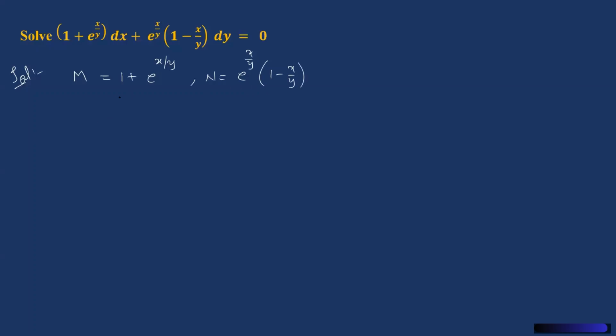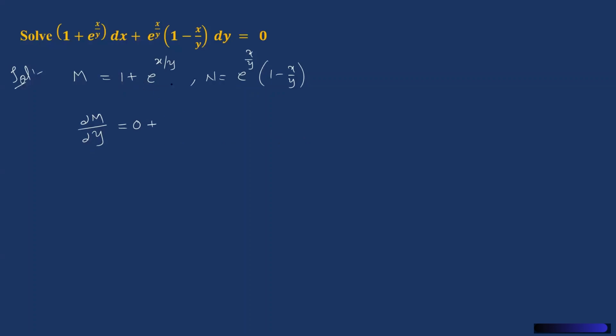Now I'm trying to verify whether it is exact or not. To check that, I'm evaluating ∂M/∂y. You are differentiating all this with respect to y. So the differentiation of 1 is 0 plus, look at this carefully. When you differentiate with respect to y, x is a constant, correct?